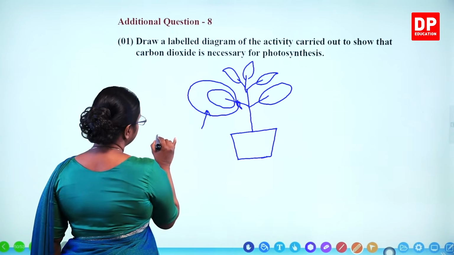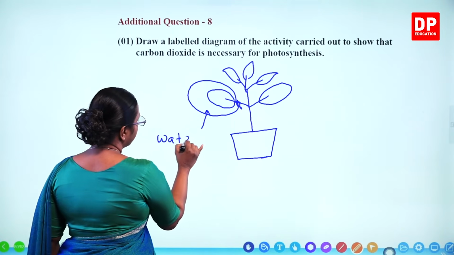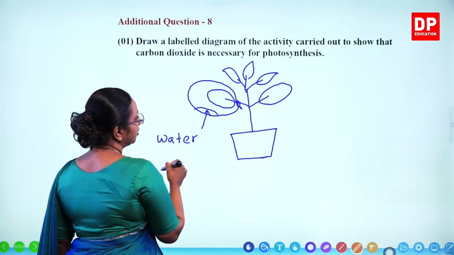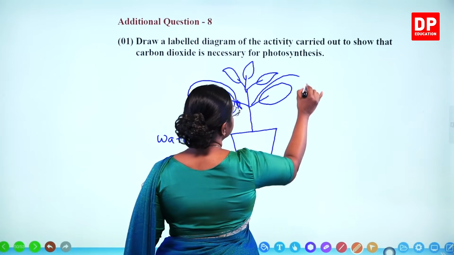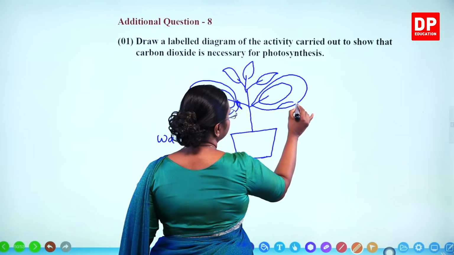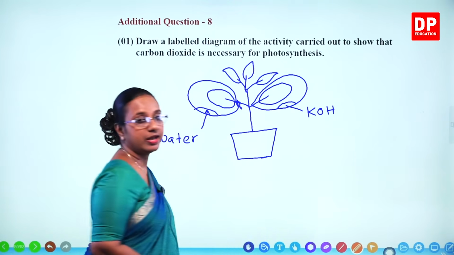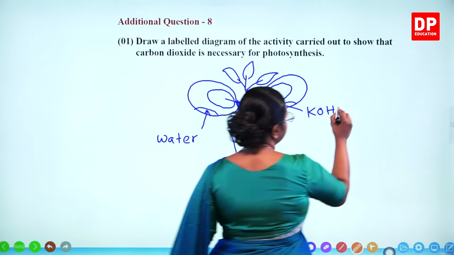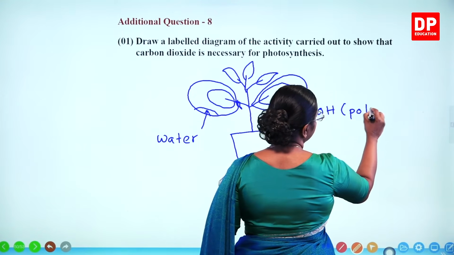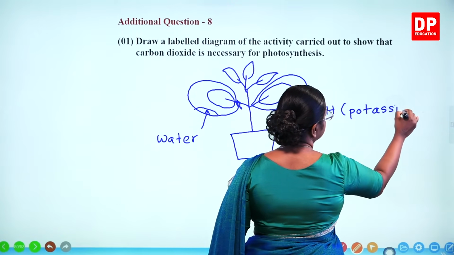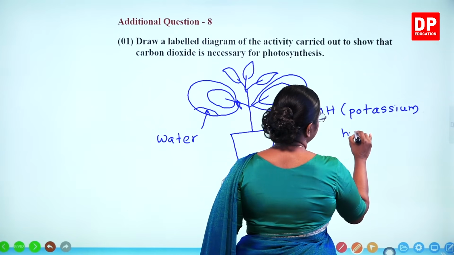In this we take water, a small amount of water. Around the second leaf we have another bag that has KOH, or you can write it as potassium hydroxide.